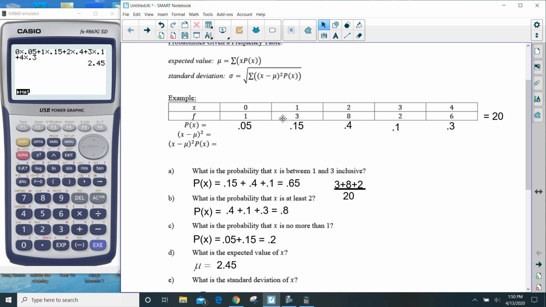That's the same thing as multiplication. So if I were to add up all the numbers, it'd be 0 times 1 plus 1 times 3 plus 2 times 8 plus 3 times 2 plus 4 times 6. Add up all the numbers, divide by the number of numbers, which is 20, and there you go. So that's another way that you could figure that out.